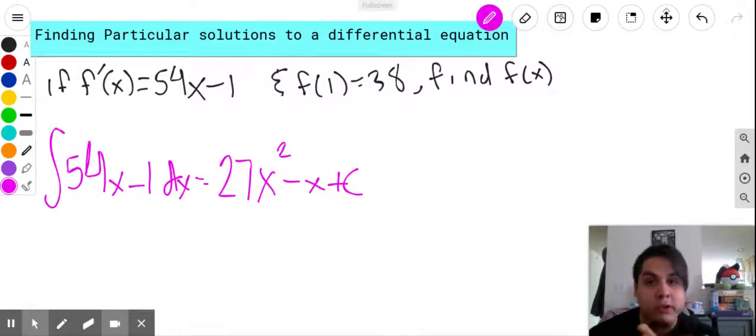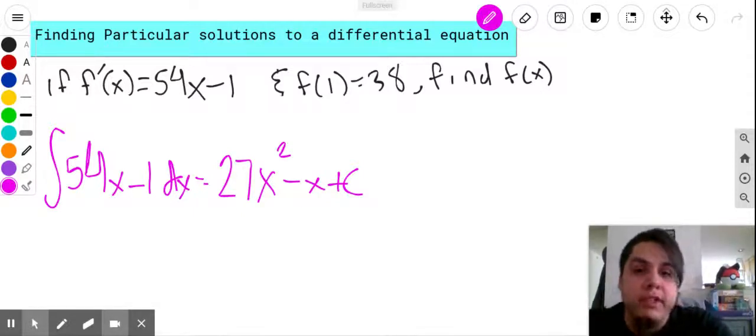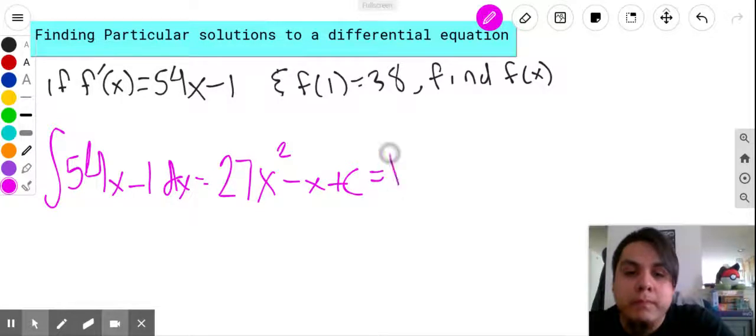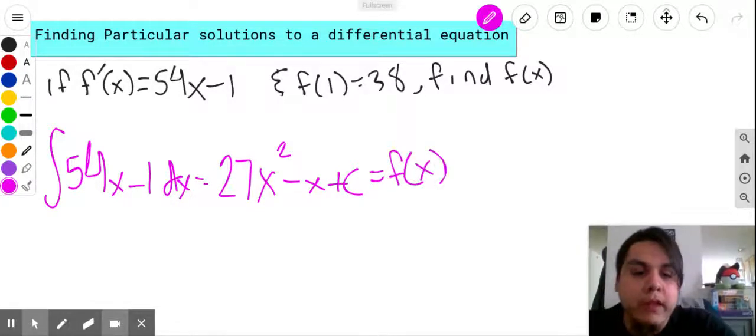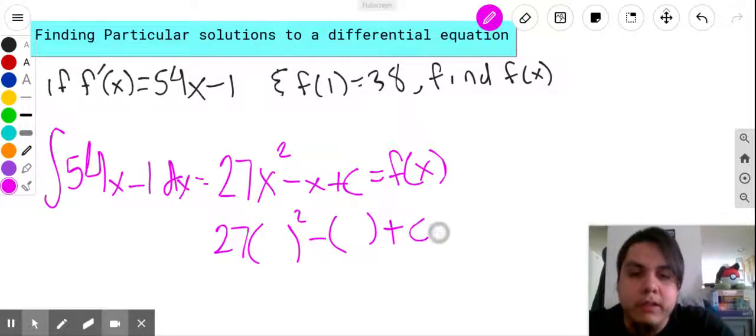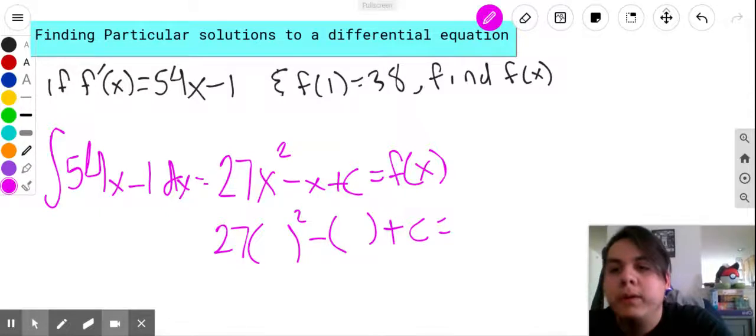I know that for sure based off what I had for the derivative, but I don't know what the c value is. This is where the extra piece of information comes in. I'm going to go ahead and solve for c. If this is what I think f of x is, then I know that 27x squared minus x plus c should equal 38.